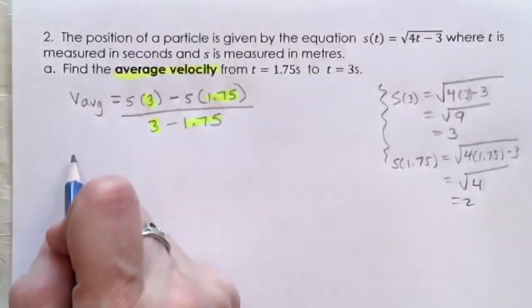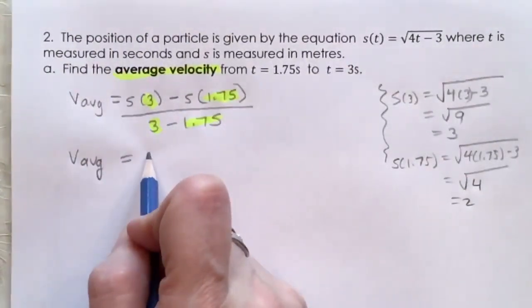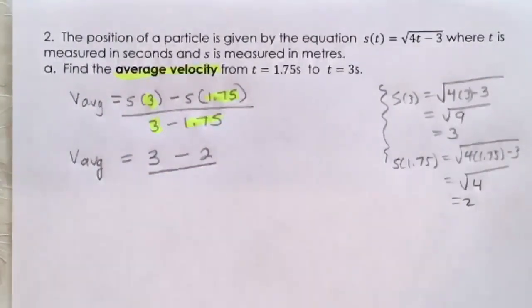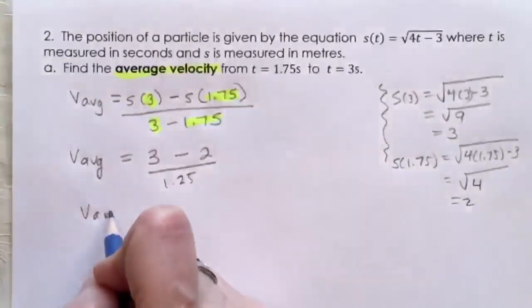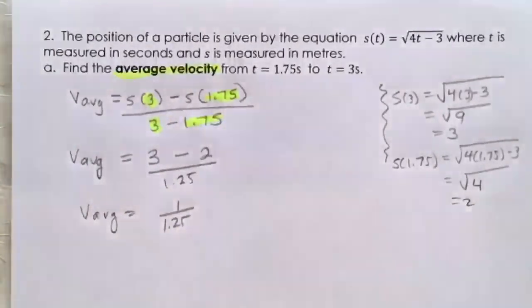So then we can substitute them in. So v average is equal to 3 minus 2 over 1.25. So v average is 1 over 1.25, which turns out to be 0.8 meters per second.